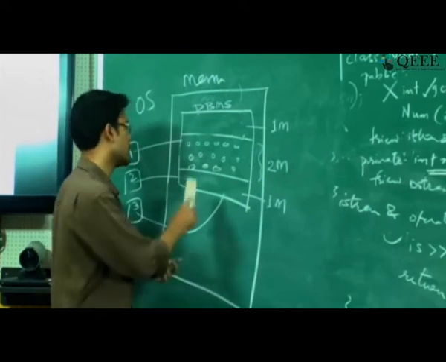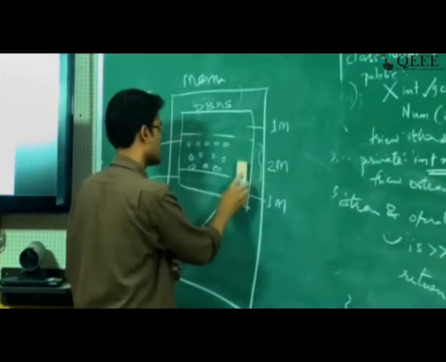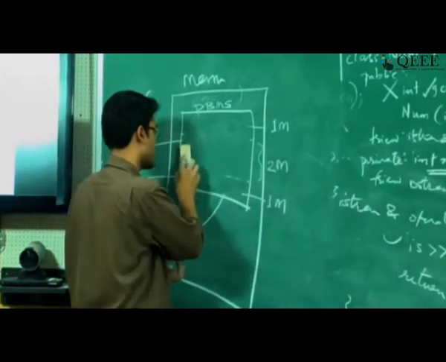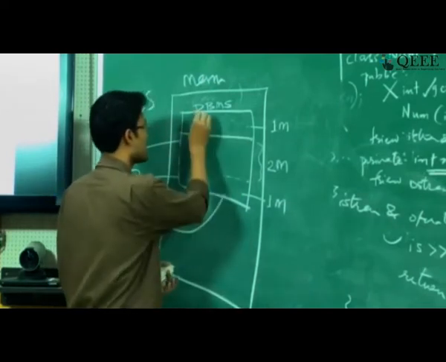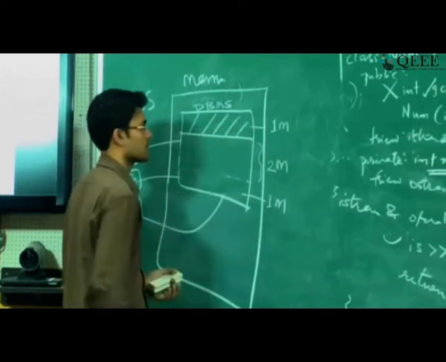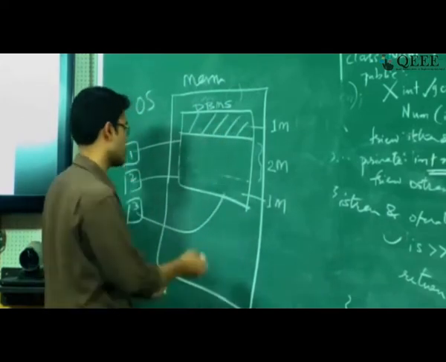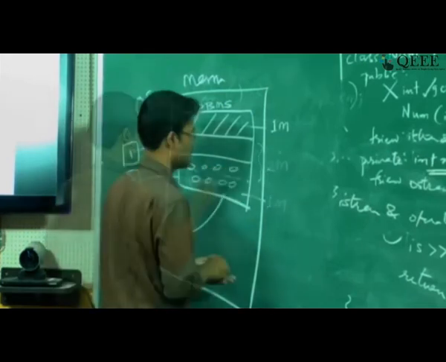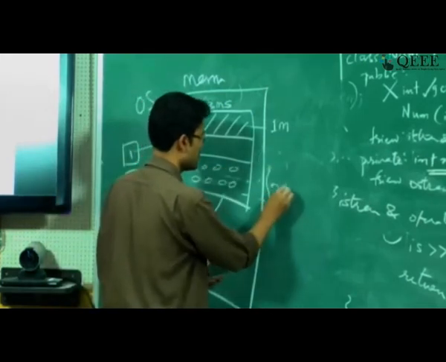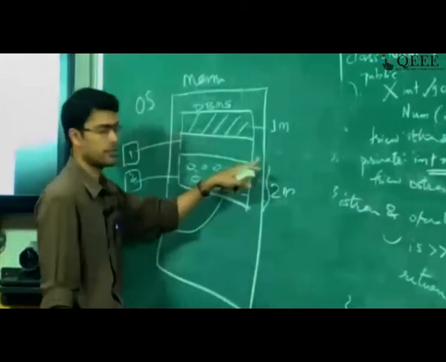For example, just for the sake of this example, it need not always work. Initially we had allocated this memory. When the second application came, if I had allocated this 2 MB of memory here, right? So this is now 2 MB, that is 1 MB, and now 1 MB is free.